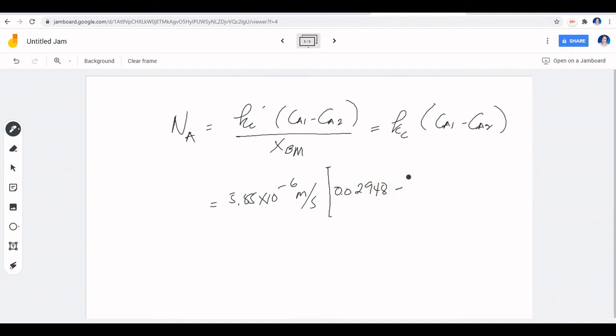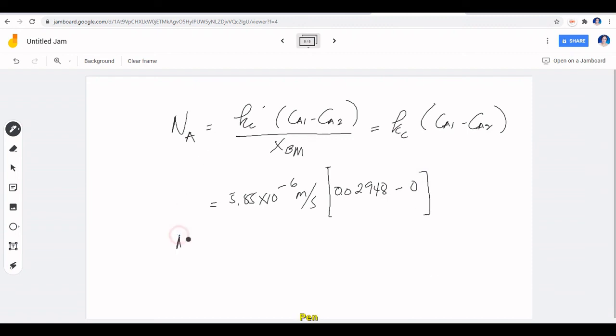0.02948. The concentration of A, of course, in the bulk phase of water is not 0, but in this case it's very dilute and we have a large volume of water flowing on top of the plate, so we will view this value, since this is very small, as 0. But it's not actually 0. There's a certain amount of benzoic acid because it has already diffused to our flowing water above the flat plate, but nonetheless its value will be very, very small to consider.